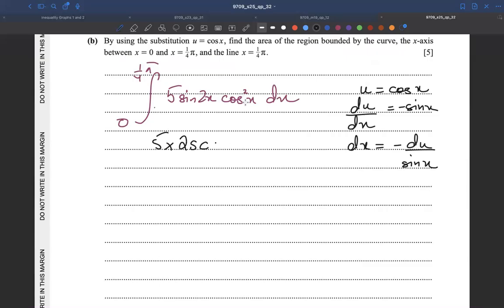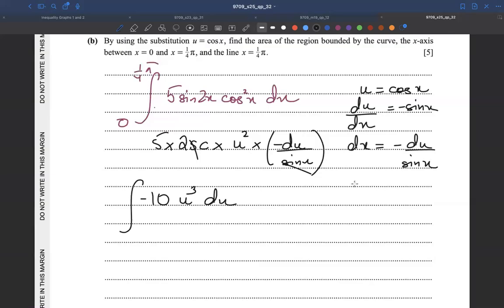In place of cos squared, we write it as already. And in place of dx, we'll write minus du upon sin x. So this will cancel out. And in place of cos, we will have u. So this will become 10 into u cubed, and there's a minus sign over here, du.